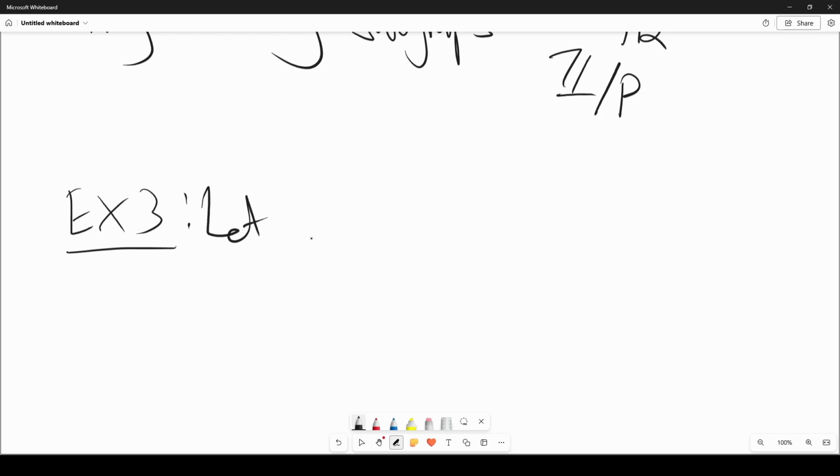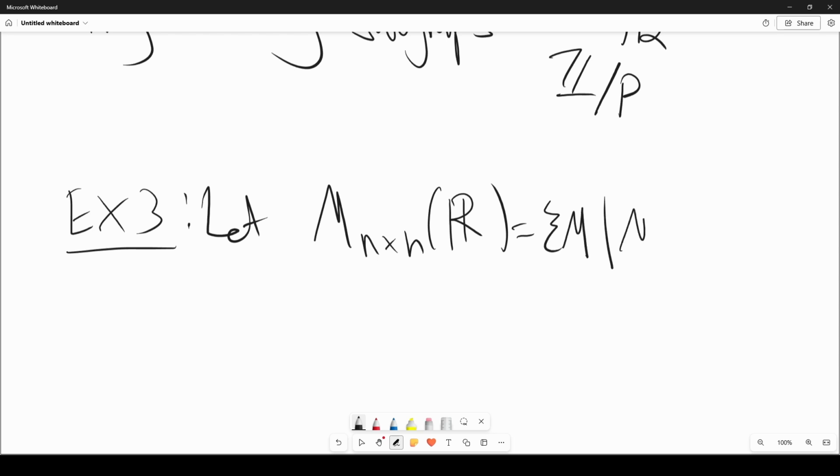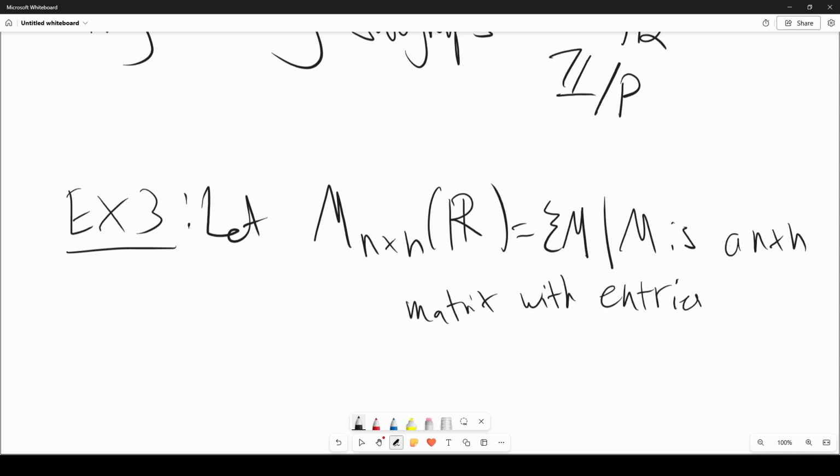So let M_n(R) denote the matrices M such that M is an n by n matrix with entries in R and the determinant of M is not equal to 0.